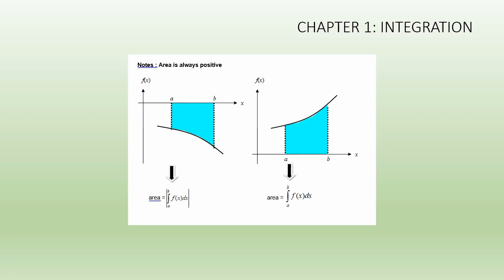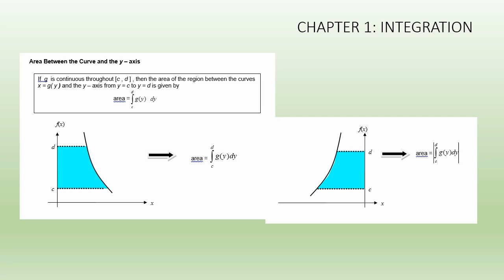So the area is the modulus of the integration from a to b of the function f(x). And for a curve that lies above the x-axis, the area is just the integration from a to b of the function f(x).